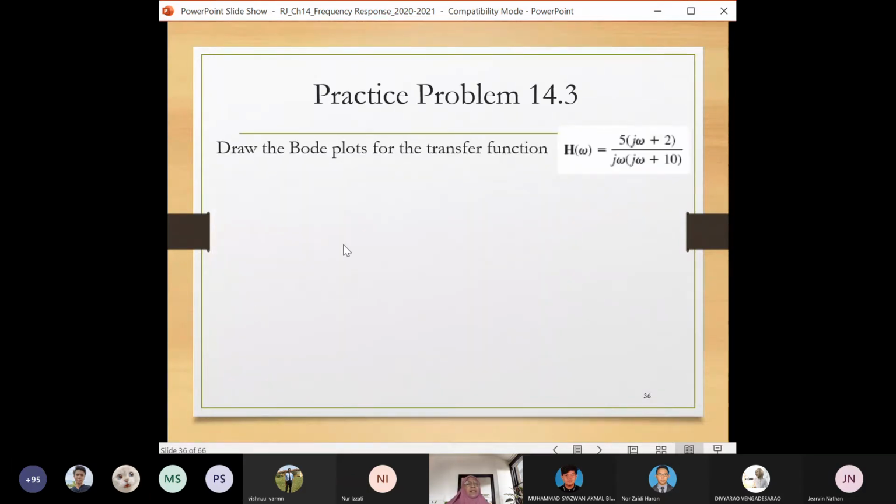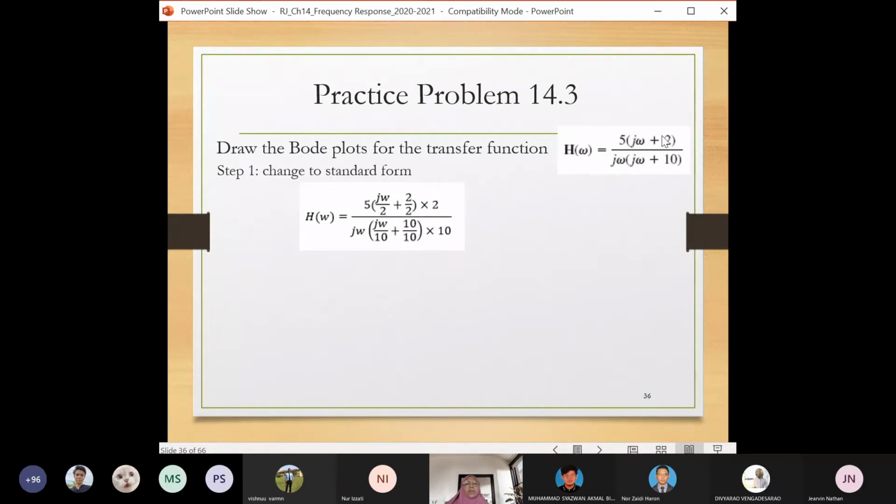Last one, practice problem 14.3. Draw the Bode plots for the transfer function H of omega equals 5 j omega plus 2, over j omega times j omega plus 10. Here you change it to the standard form.